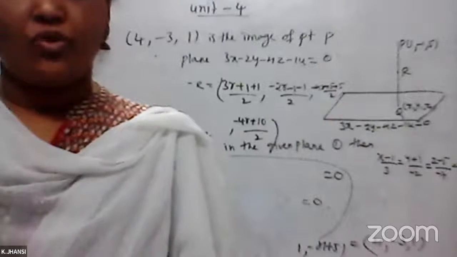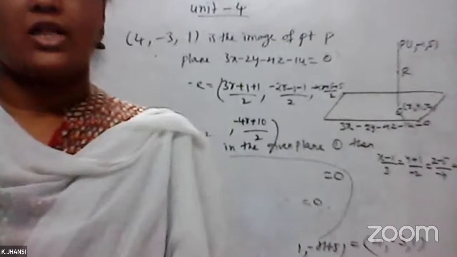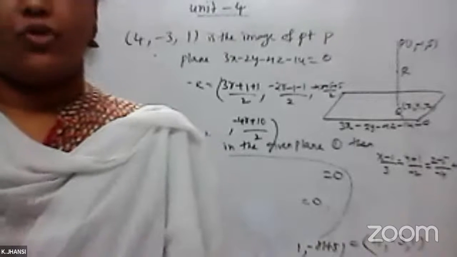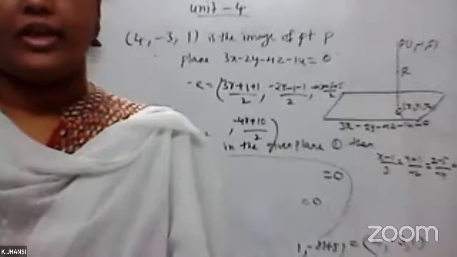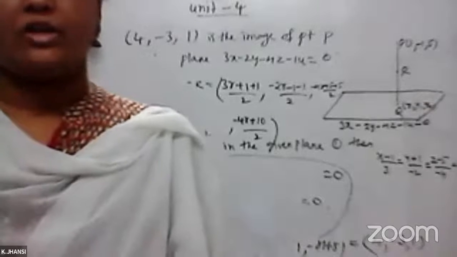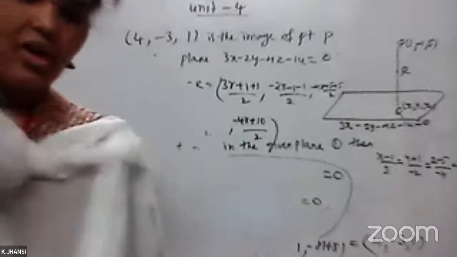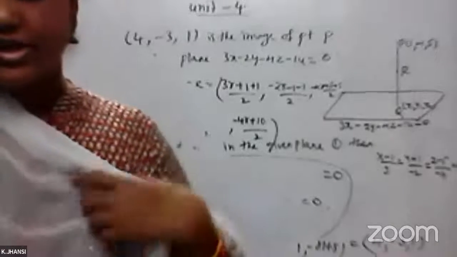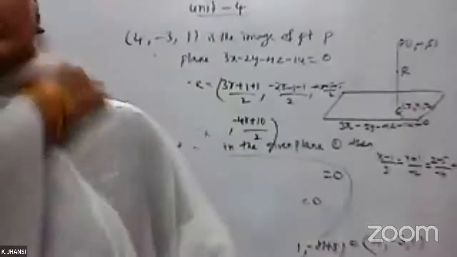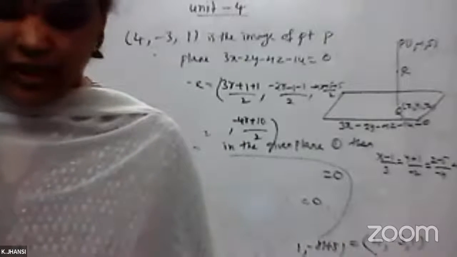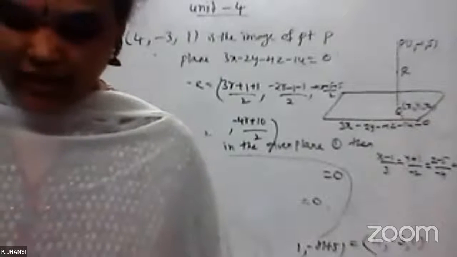In unit 4 and unit 5, you have the chance of getting two 10-mark questions. In unit 4, you will have finding coplanarity, intersection or point of intersection, and the containing line. For shortest distance, the concept is the projection of the line with the two direction ratios. Here two line equations will be there, in symmetrical form.